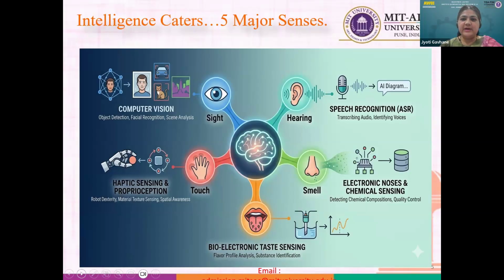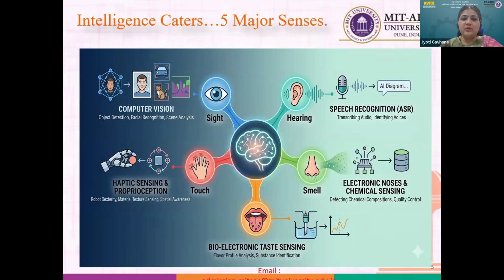You can see these 5 senses are being mimicked by artificial intelligence with the help of computer vision, robotics, bioelectronics, taste sensing, electronic noses, and speech recognition. Here you can see the dimension of artificial intelligence with respect to each sense.